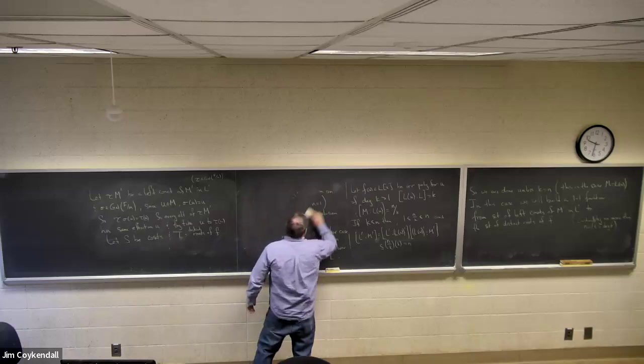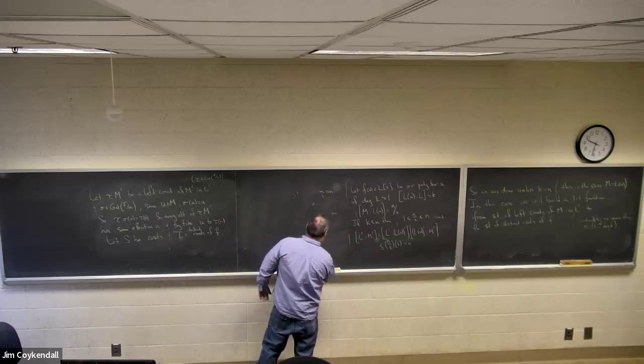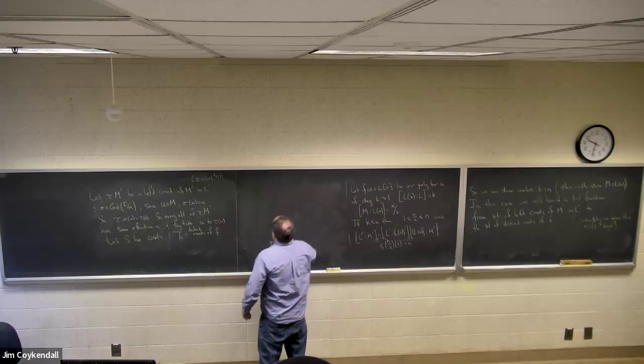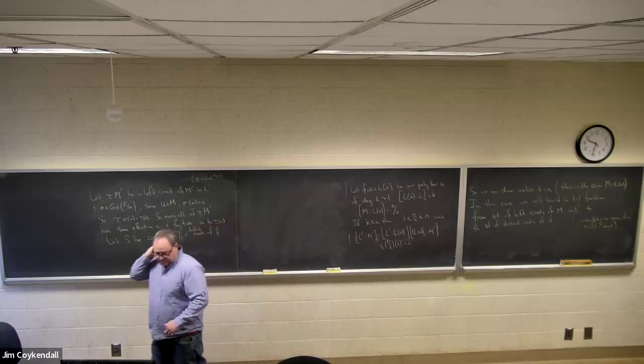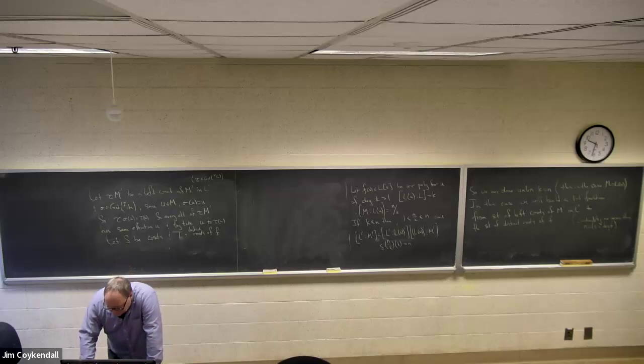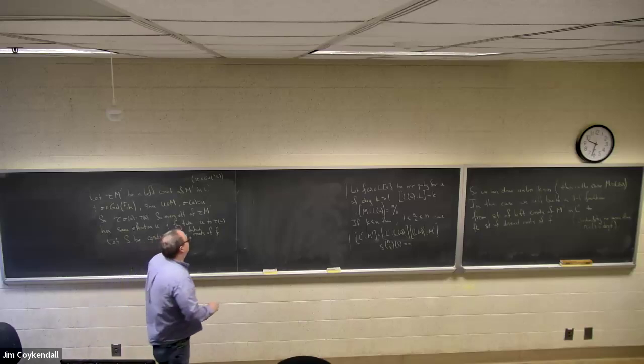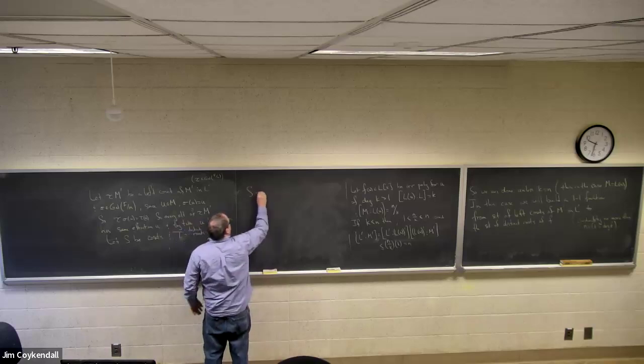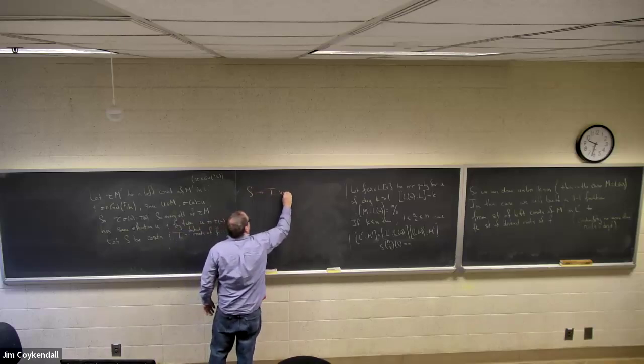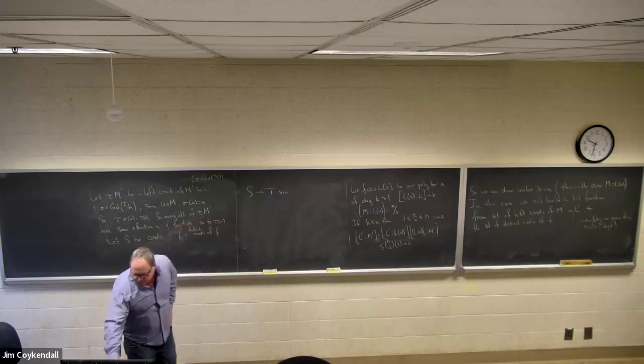I'm going to define it this way. My input is some coset here, tau M prime.